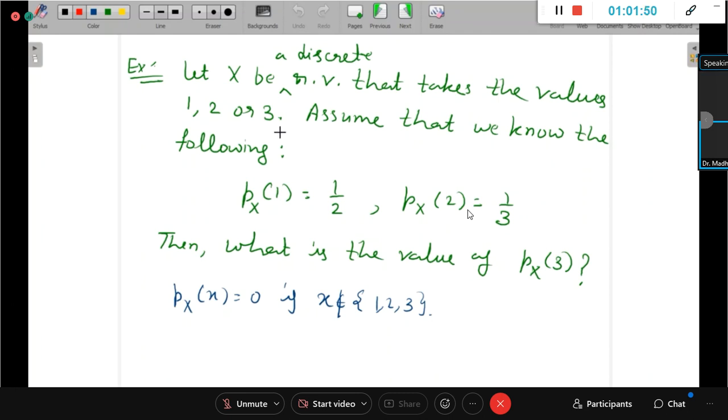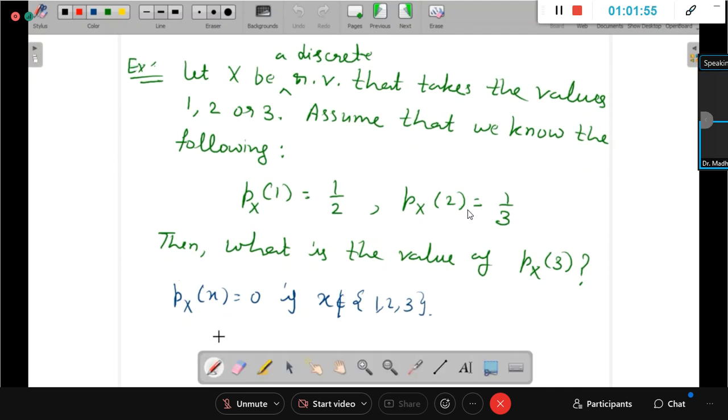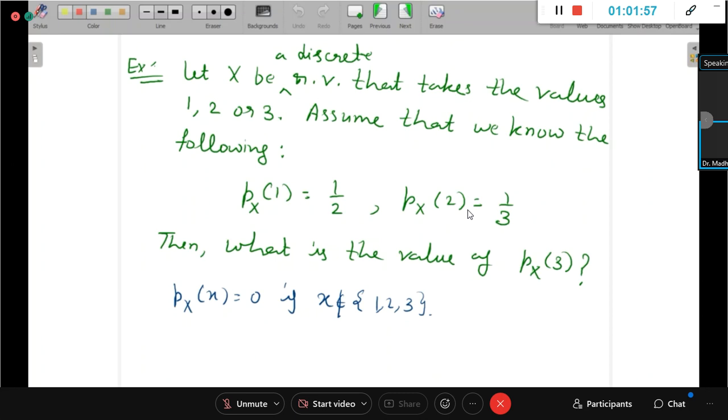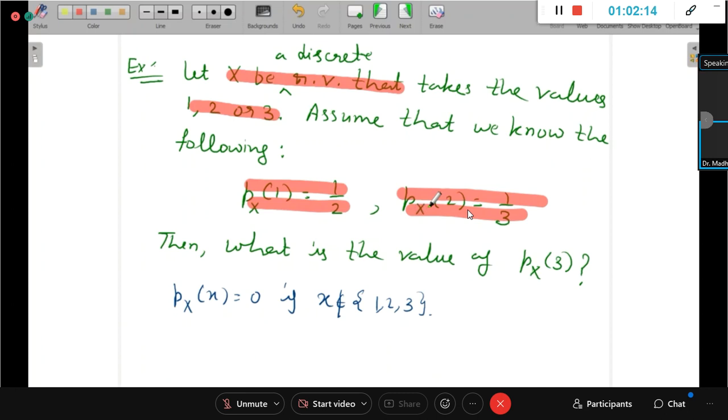Now, this is another example, which I think can be solved straightforwardly. You have been given a random variable which takes the values 1, 2, or 3. Assume that we know the following: p_X(1) equals 1 by 2 and p_X(2) is 1 by 3.